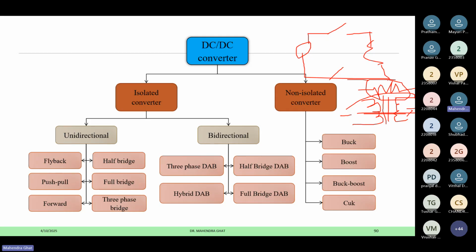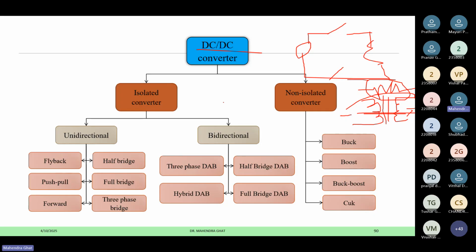So if we want this kind of isolation to transfer the power from input to output, we can use the transformer for the isolation, and if we are using the transformer in the converter, it is called an isolated converter. But here we are talking about the DC-DC converter, so how can we use the transformer in the DC-DC converter?